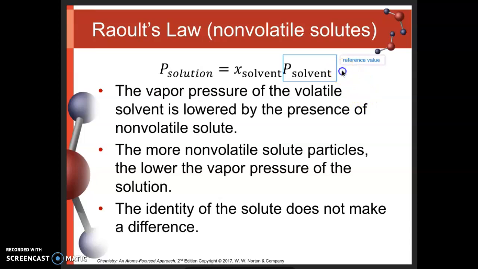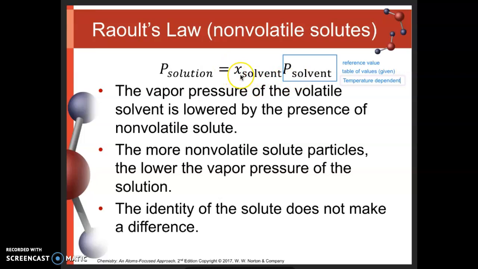You'll always be able to get this off of a table of values, or it'll be given to you in some kind of way. It is temperature dependent, however. So when you look up values for the vapor pressure of a solvent, keep in mind temperature is going to impact that vapor pressure value.